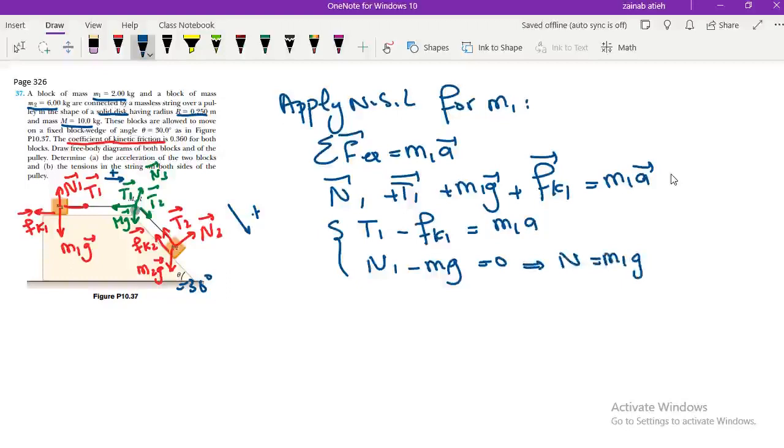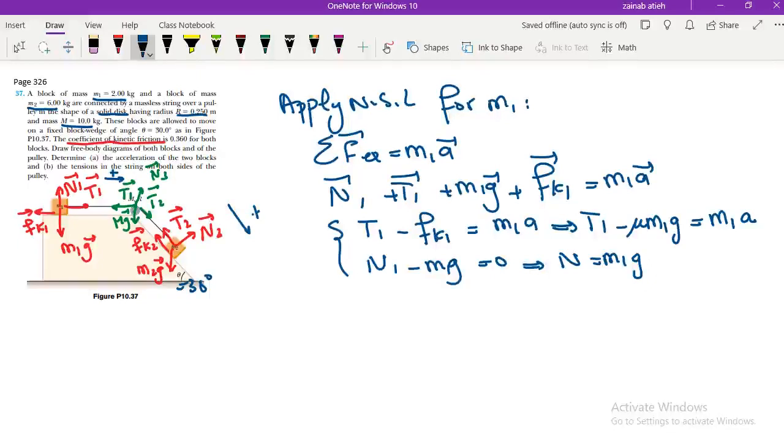I benefit from N by substituting it in place of FK. So here I have T1 minus mu N, which is mu M1G, equals M1A. So here I created an equation with 2 unknowns, A and T1. The mu I have, the M1 I have, and G is the gravity. So I will make benefit of this later.